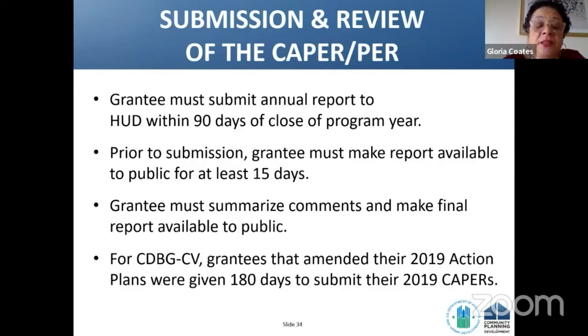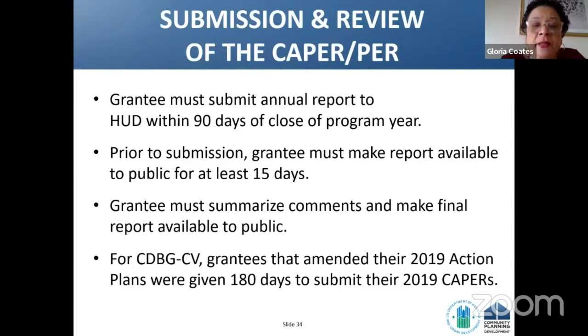Citizens have to be given 15 days. And whatever comments the citizens make on that CAPER or PER, those have to be summarized by you, and you have to be able to provide a final report to the public. In other words, a final CAPER with all of the comments that were made by citizens.